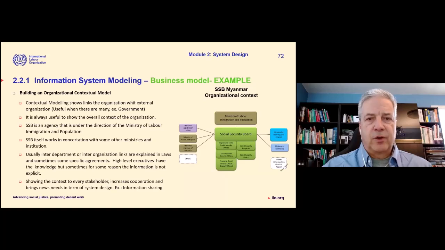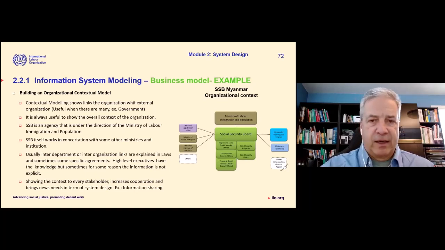This is another representation that we also name business model. This is specifically to show all the links between the organization that supports the system, the source of the system, and the other organizations that are involved.